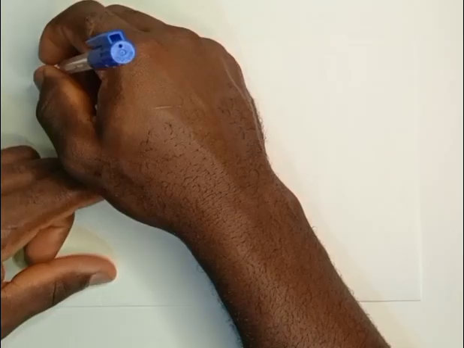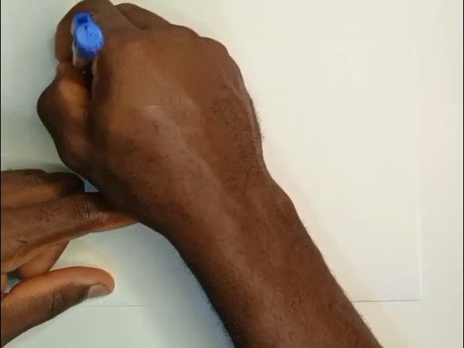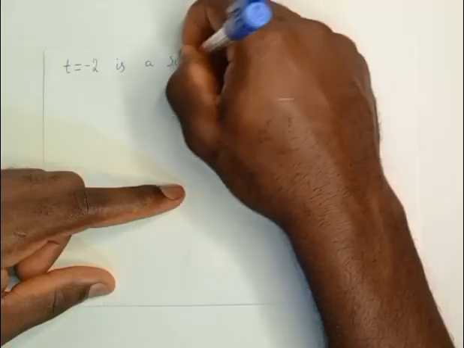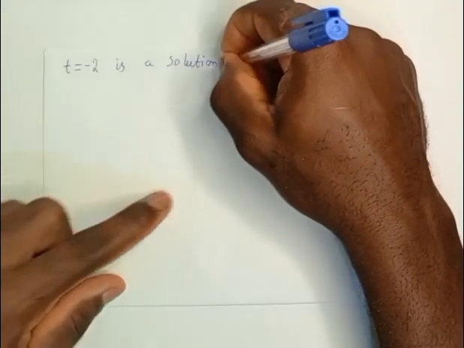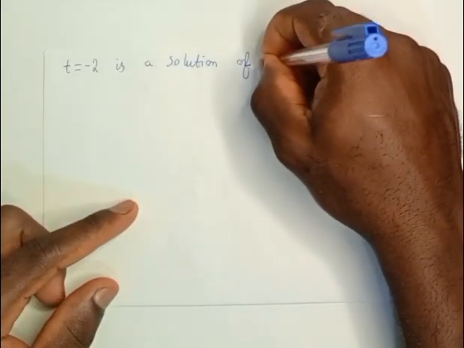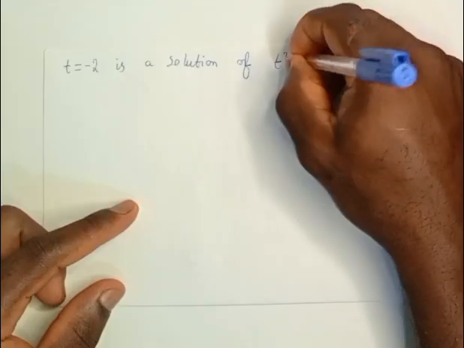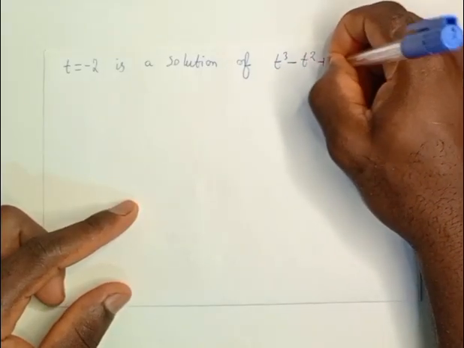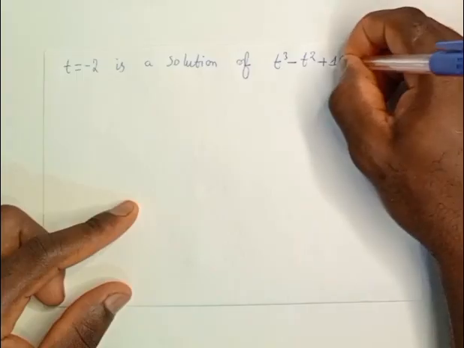Then we take this down. t equal to negative 2 is a solution of t cubed minus t squared plus 12 equal to 0.